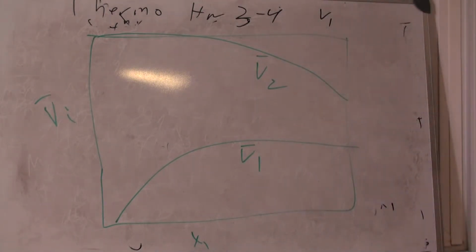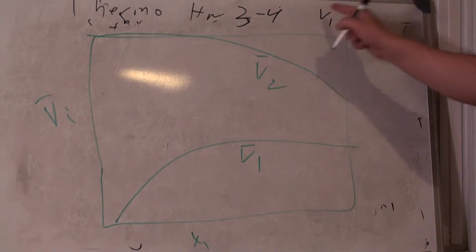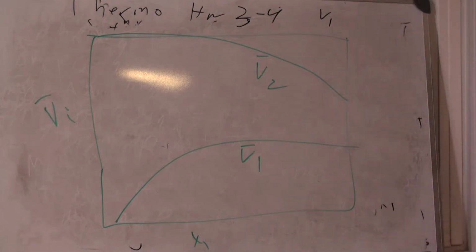First, what does V1 say in words? It says the volume of component 1 in a pure system. What does that mean? It means there is no anything else, it's just 1. But mathematically, what does pure system mean?